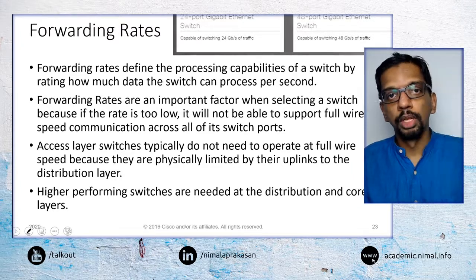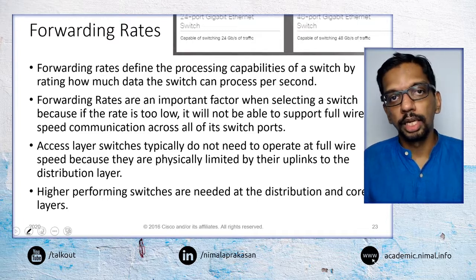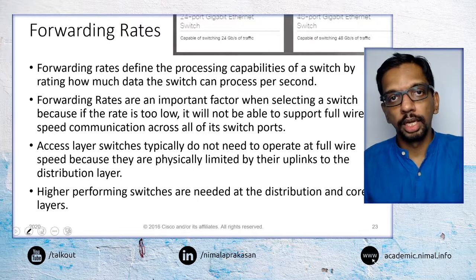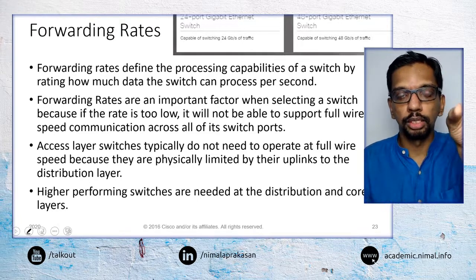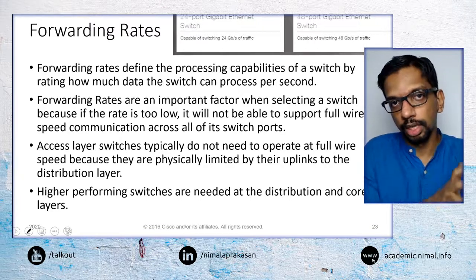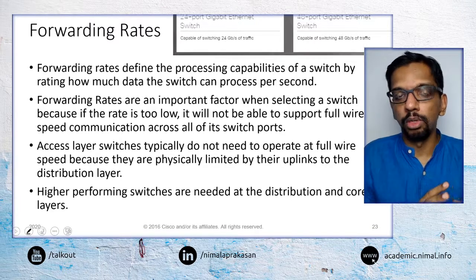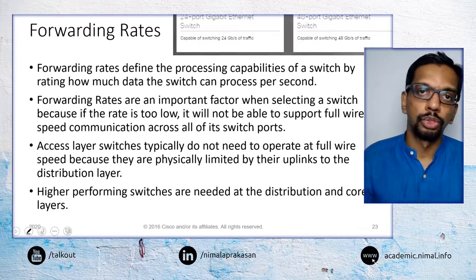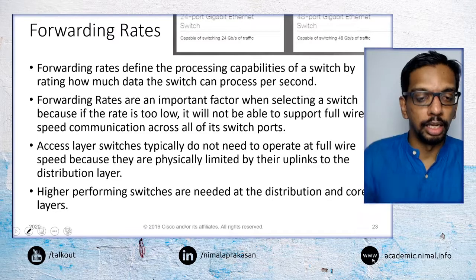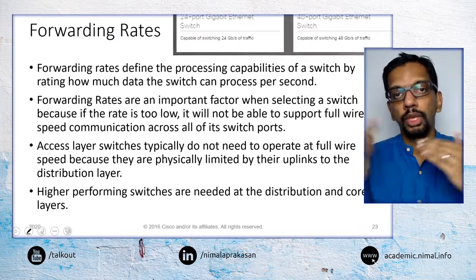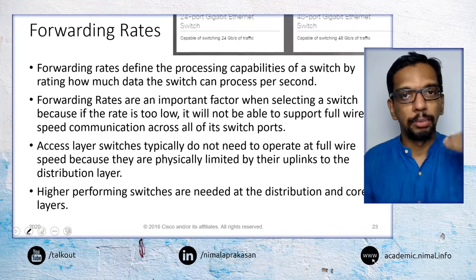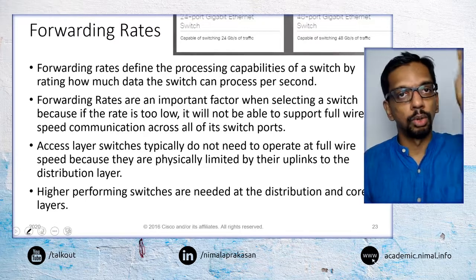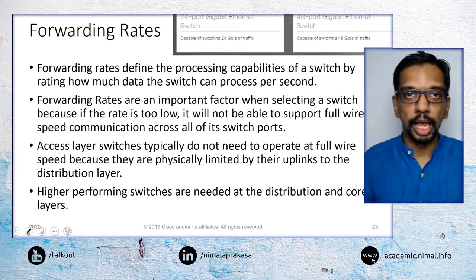Say, if our devices are connecting at 1 gigabit speed, and we aggregate them into another switch, that interconnection is now going to carry all the traffic coming from all these devices. So we may need much higher bandwidth connectivity between those 2 intermediary switches, or at the higher layer. So we may have to have more capable devices at the distribution or core layer compared to the access layer switches.